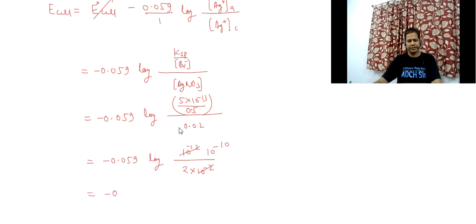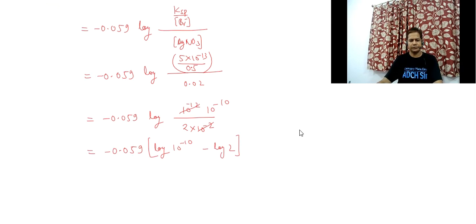Or we can write it as minus 0.059 log of 10 to the power minus 10 minus log of 2. This is minus 10, this is minus 0.3, so minus 10.3. Minus minus will be cancelled, and we get 0.059 into 10.3 volts.